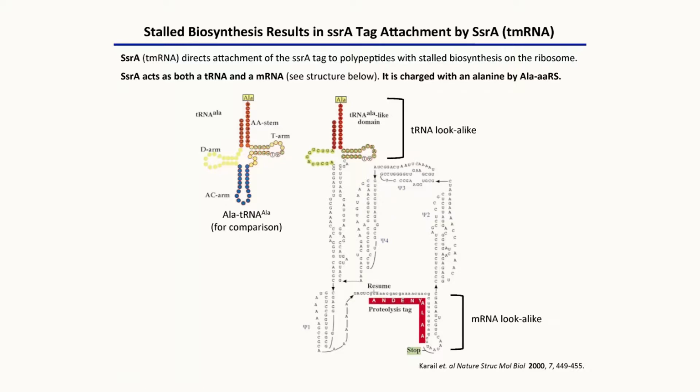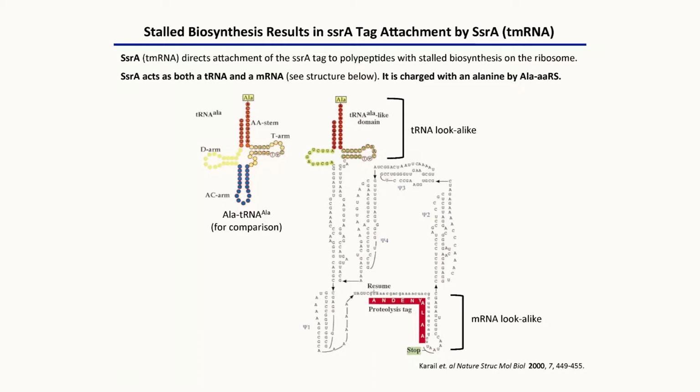And if we take a look here, what do we see? At this end, we have a region of the tmRNA that looks like a tRNA, right? Quite similar here to the 3' and 5' ends. And then we have this additional region. And then if we look down in here, what do we see?